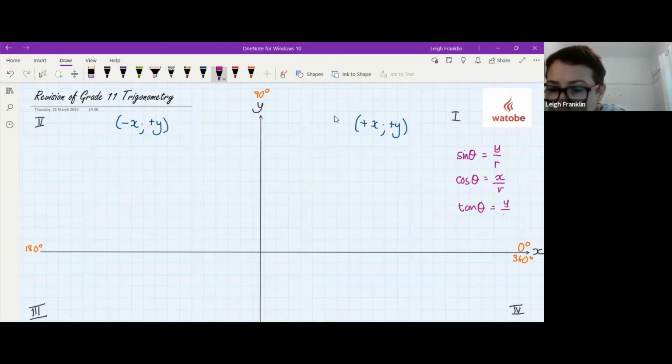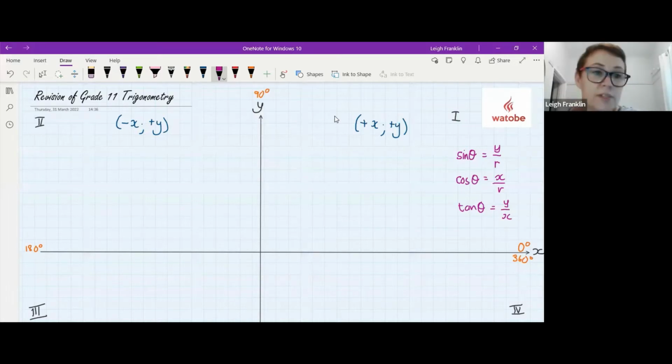Okay, and it's really important, Matrix, that you know this in terms of x and y and r rather than o and a and h, which is what we teach you in grade 10. Okay, so these are our ratios. Sine theta is y over r, cos theta is x over r, tan theta is y over x. And this is why our ratios change sign depending which quadrant they're in.